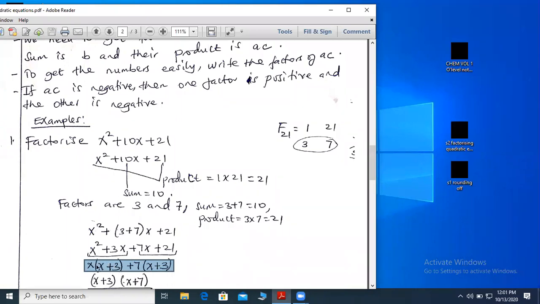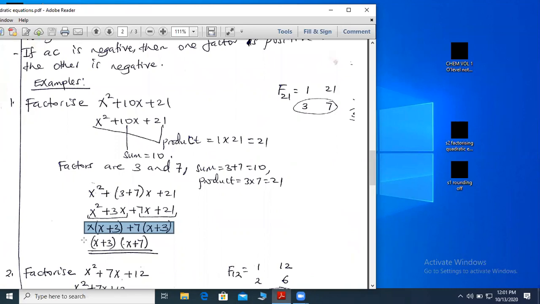When we remove x plus 3 here, it will remain x, and when we remove x plus 3 here, it will remain plus 7. So this is the final answer. We have factorized the quadratic equation as x plus 3 into x plus 7.